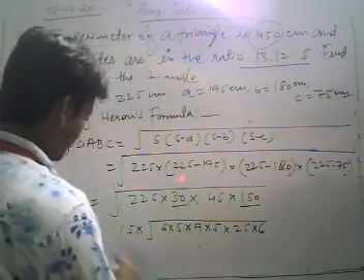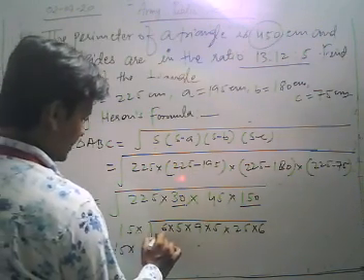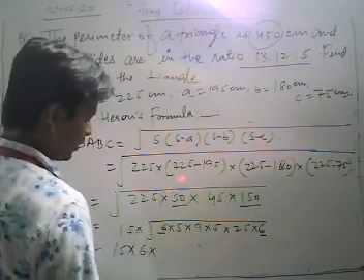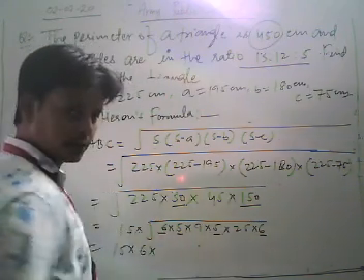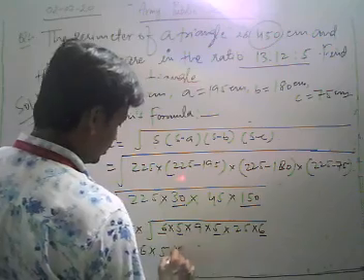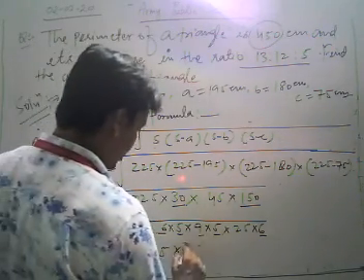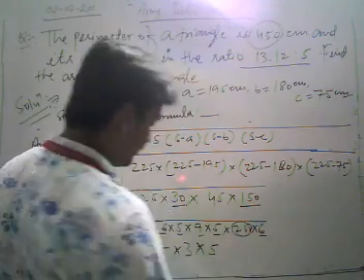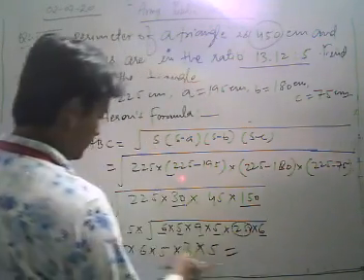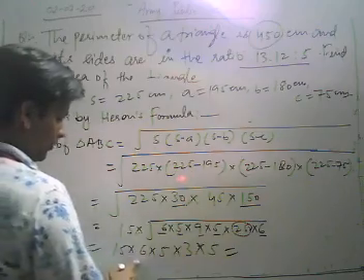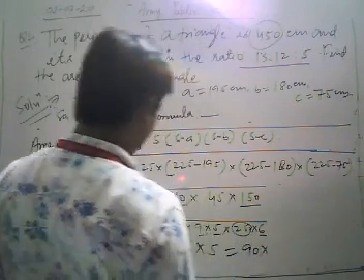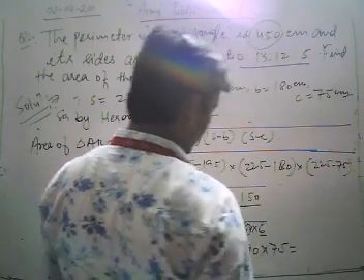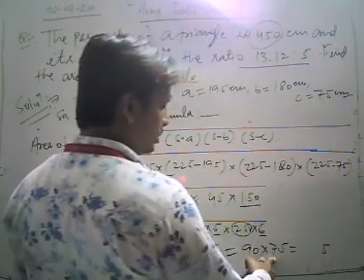So that is 15 into, here 6 and 6 are in pair, so 6 comes out, and 5 is in pair, so 5 comes out. The square root of 9 is 3, multiplied by the square root of 25, which is 5. Now we multiply all the values: 15 into 6 is 90, multiplied by 75. We get what?